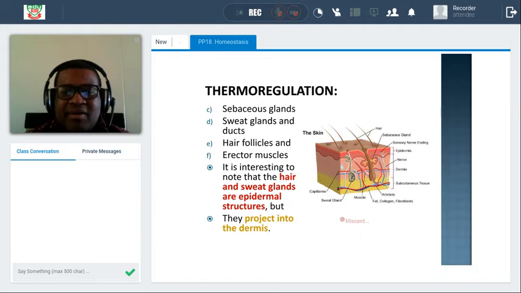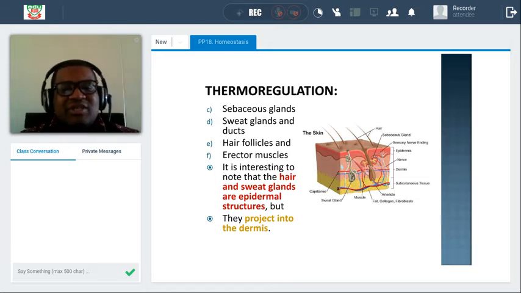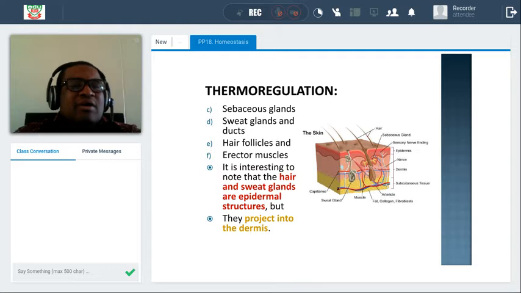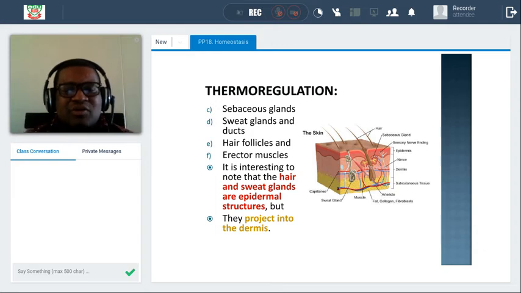Then you have the sebaceous gland that helps to provide oil on your skin. The sebaceous gland produces an oily substance that we call sebum. Then we have the sweat gland and the sweat duct.